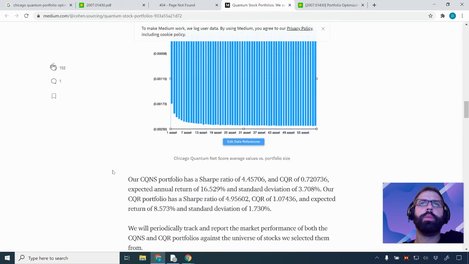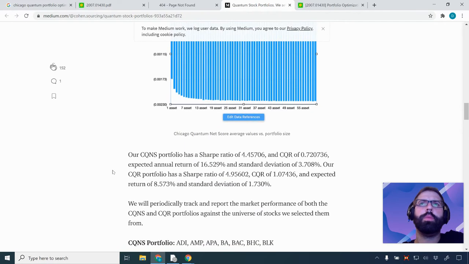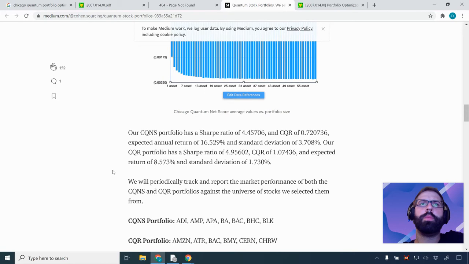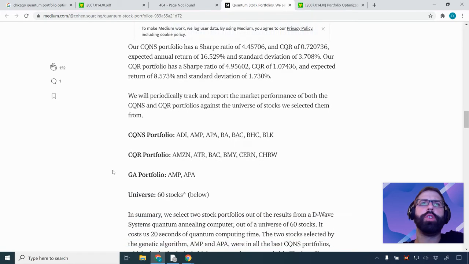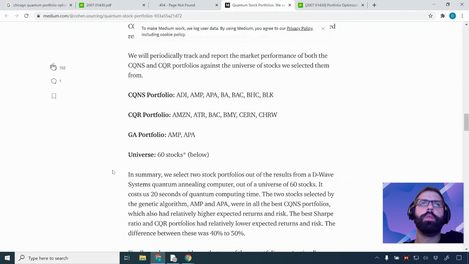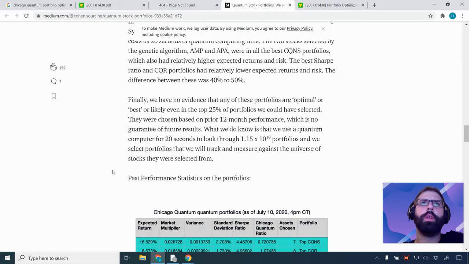CQNS portfolio, CQR portfolio, GA portfolio, Universe 60 stocks. These are the results. Finally, we have no evidence that any of these portfolios are optimal or best or likely even in the top 25% of portfolios we could have selected. They were chosen based on prior 12 months performance, which is no guarantee of future results.